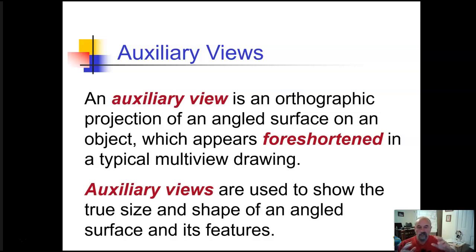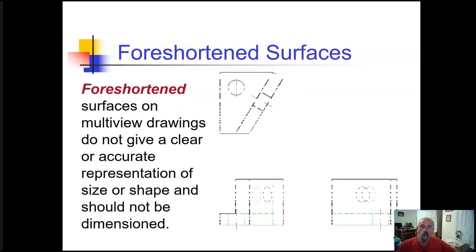When you had to sketch some of those wooden blocks, you were looking at angled surfaces, and sometimes you had to draw them as a square or a rectangle in one view, but in the other view you could see that it was an angle. But in both views, you were not looking at the angle directly straight on, and that becomes important for the people who make things, build things, put them together.